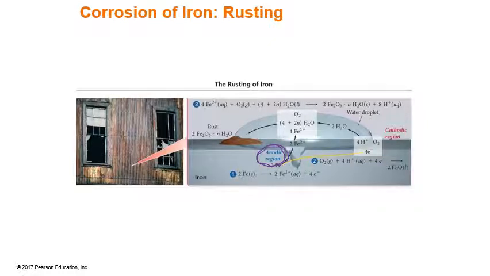So that small defect allows a place for like an electrode, and that allows the reaction to begin. And the electrons travel through the metal to a cathode or cathodic region of the metal where the oxygen is reduced.